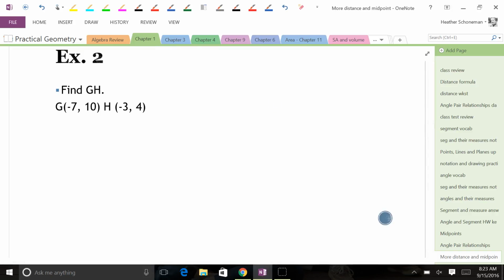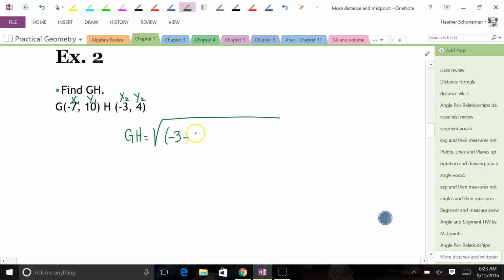Okay, let's try it again together. Example 2, we want to find GH. So this is x1, y1, x2, y2, right? Now remember, we're going to write the radical every single time except when we get to the end. So x2 minus x1 would be negative 3 minus what?